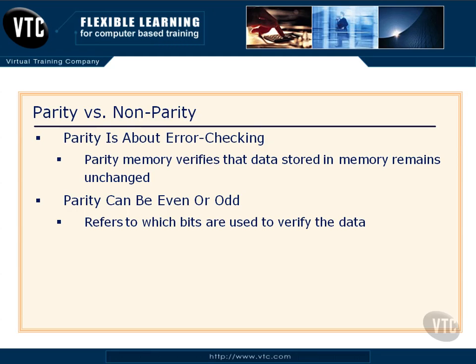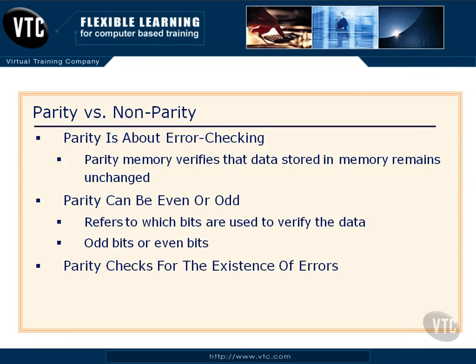Then I can check that later, and if it matches, then I know that none of those odd number bits changed. And I can do the same thing with even, all right? So either the even or odd bits can be used to verify that this data hasn't somehow leaked or changed or been stored in a way that I can't depend on.